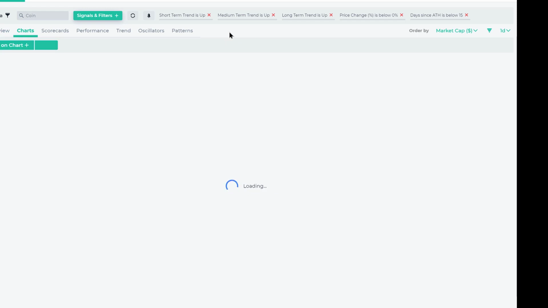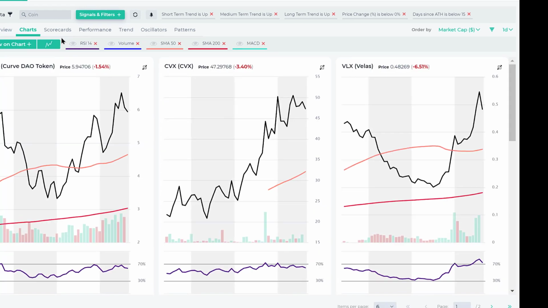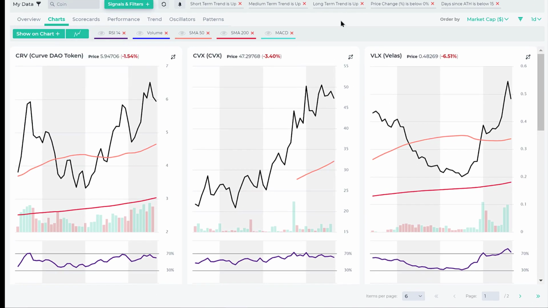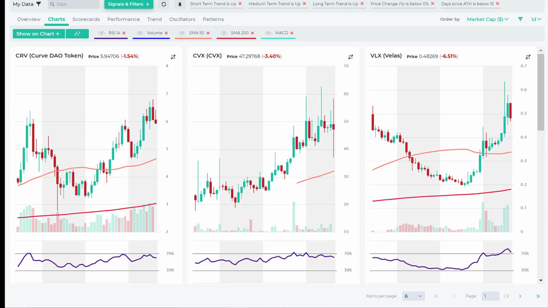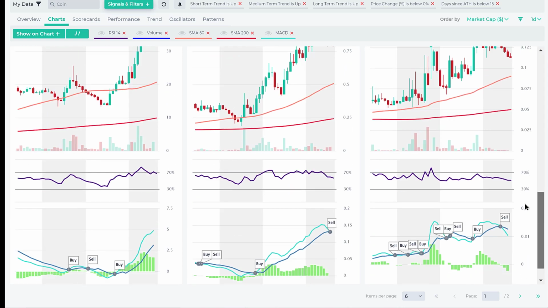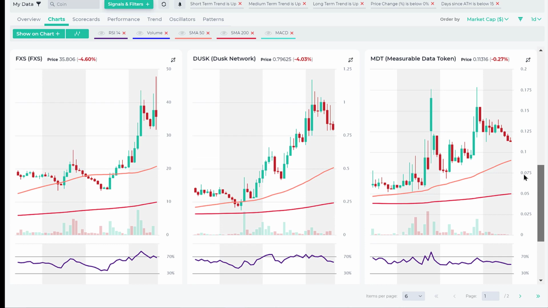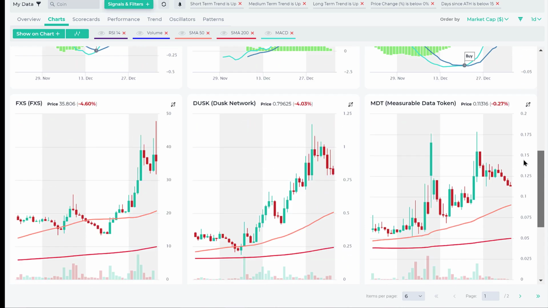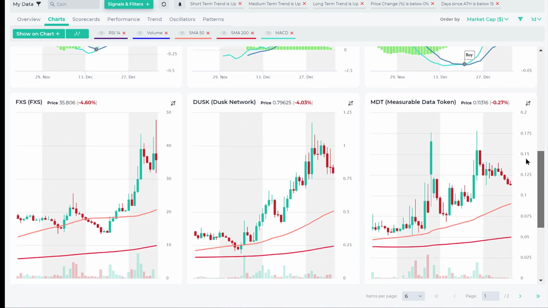The point is, this is a filter that looks for coins that are in an uptrend, are close to their all-time highs, which is also bullish, and have had a pullback. And these pullbacks could be buying opportunities, because prices never go straight up in straight lines, but instead in upswings and downswings.